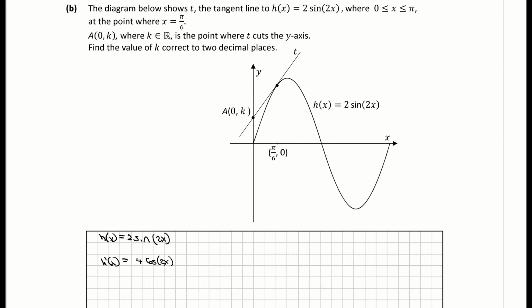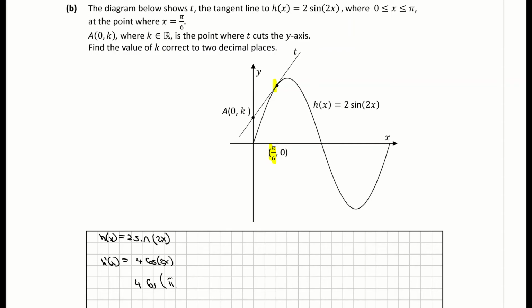Now, like I said, that is our rate of change, a formula for the slope on this particular curve. Now, we know that pi over 6 sits on that curve. So when I sub in pi over 6, I'm going to find the slope at that particular point. So that's all I'm doing next. So I'm subbing in pi over 6, so that's going to become 4 times cos of 2 times pi over 6.